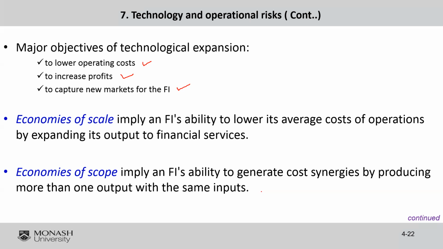So this is what we call economies of scope, which means the information was collected for credit cards, but I can use this information, and technology will help me to manipulate all these data, and we can generate more information and increase the use of these different technology outputs.